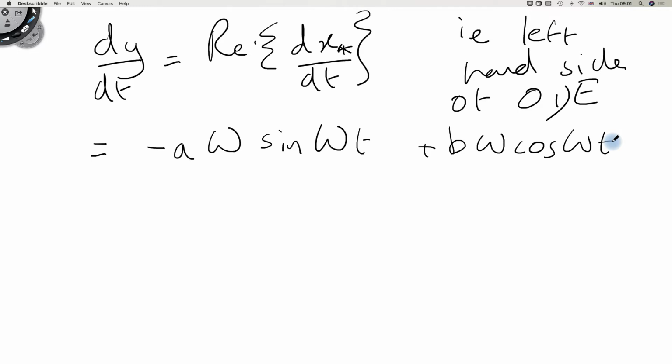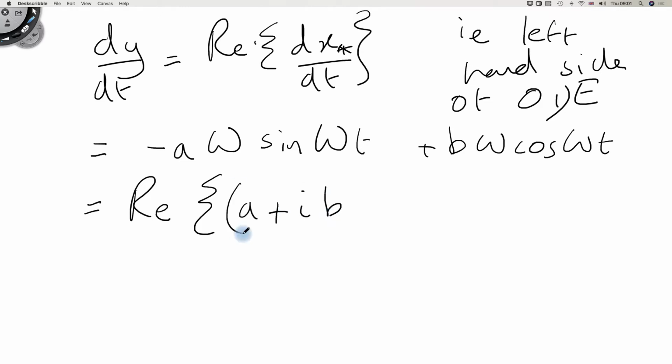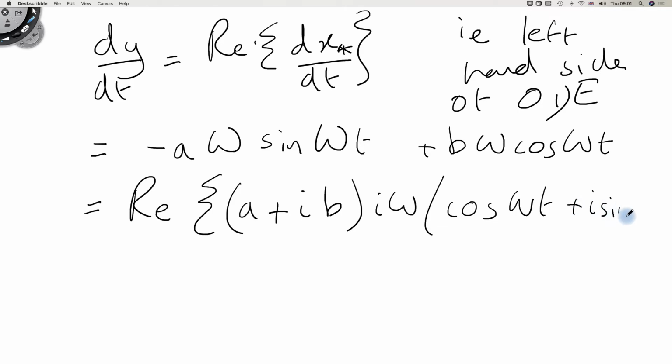We can now factorize this back into complex numbers. That is actually the real part of a plus ib, a complex constant if you like, times i omega times cos omega t plus i sine omega t.